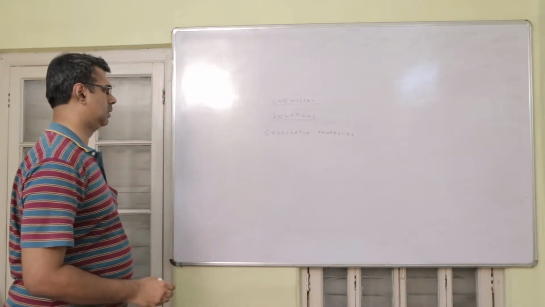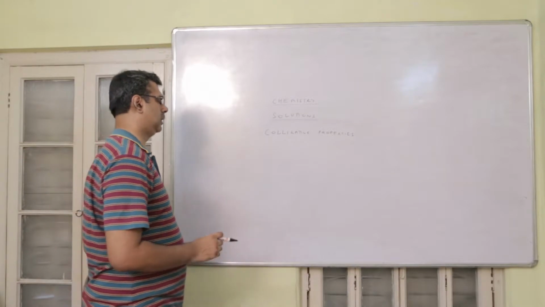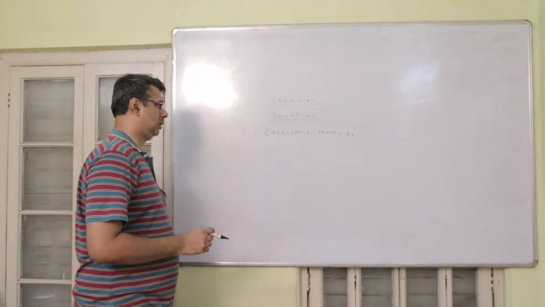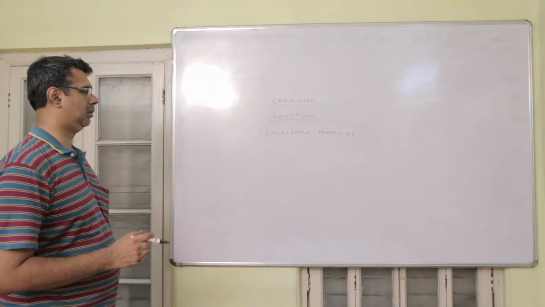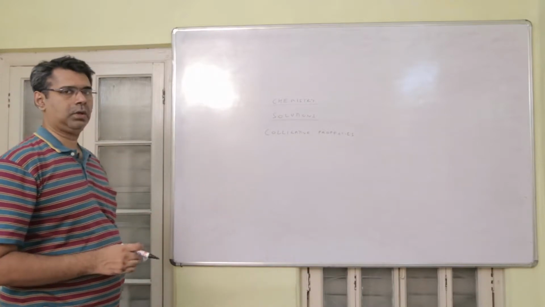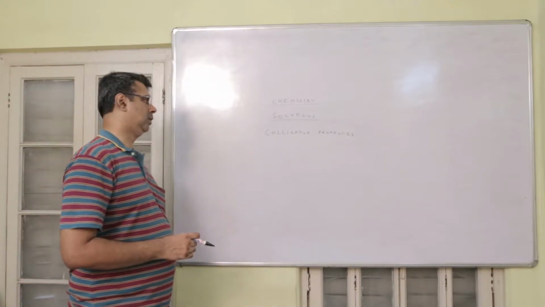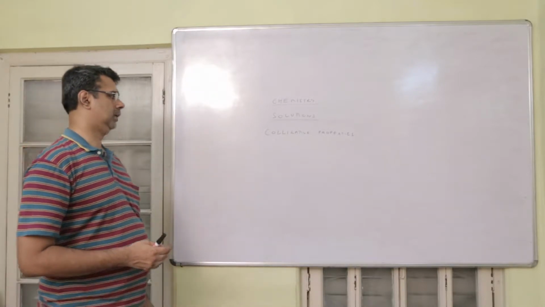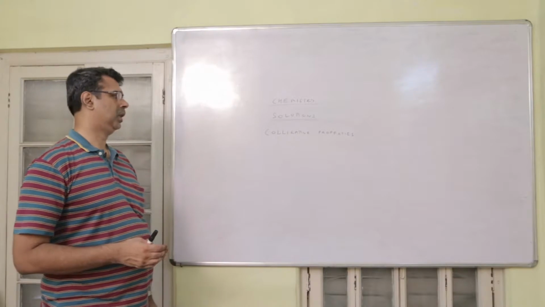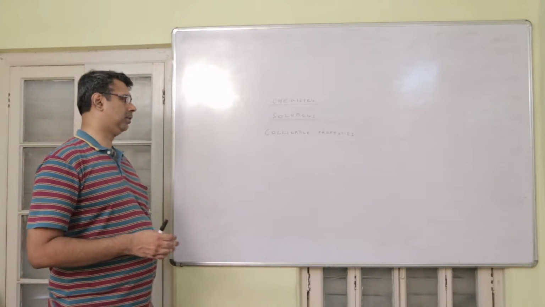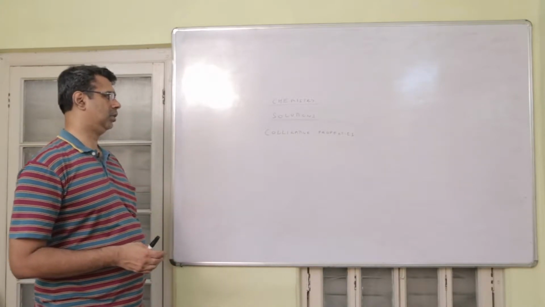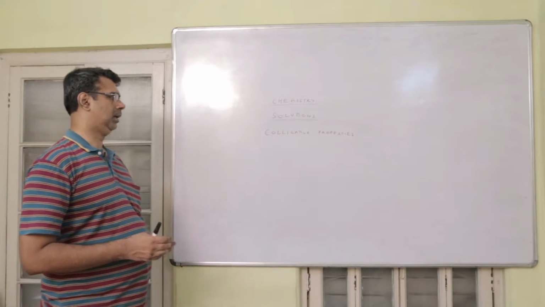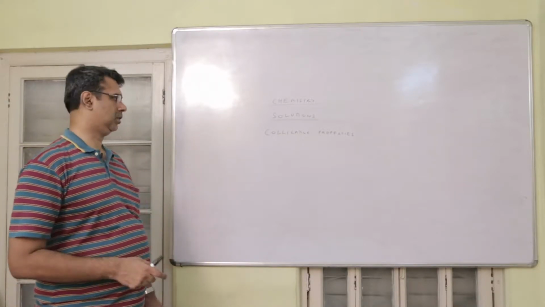Colligative properties are those properties of a solution which depend on the amount of solute but not the nature of the solute. You all know that a solution is obtained by mixing a solute with a solvent. But there are some properties of solutions which only depend on the amount of solute and not the nature of solute.